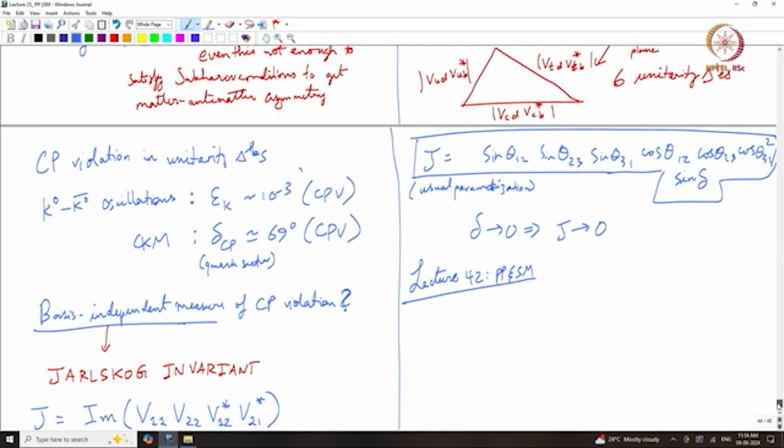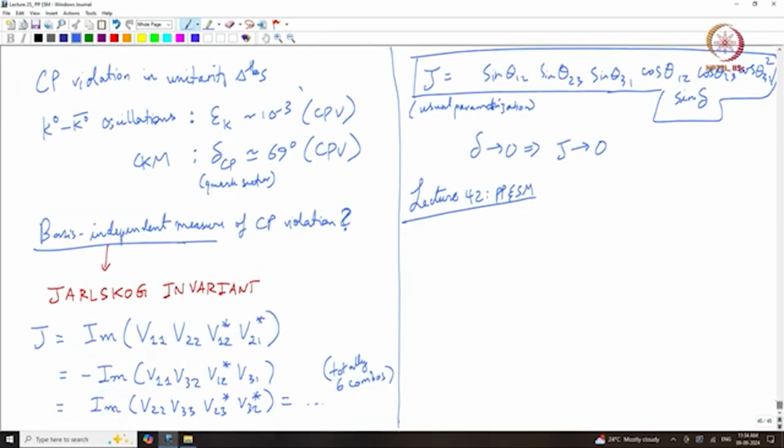And from there we moved on to yet another use of the unitarity triangles, namely that this allows us to write down a basis independent measure of CP violation. What is basis independent?